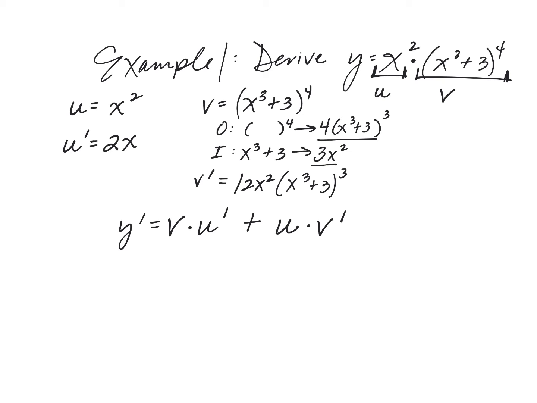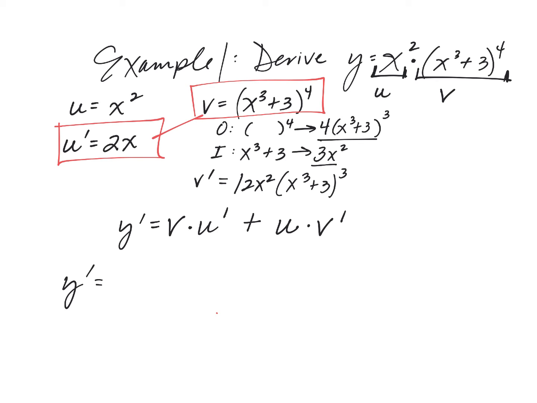So that's why we identified the two separate functions, and that's why we took the derivatives of both. So from there, what I need to do is just multiply those. So v times u prime, let me take a different color here. So here's my v, and here's my u prime.